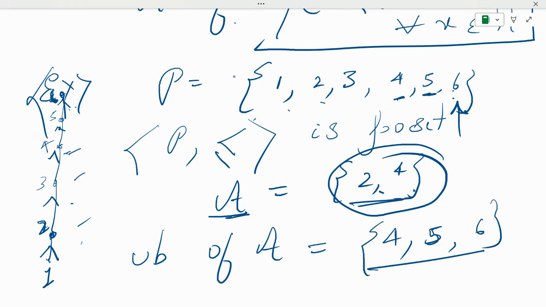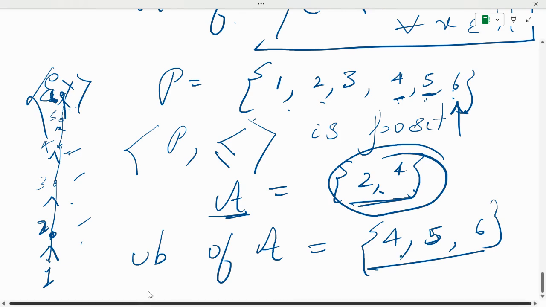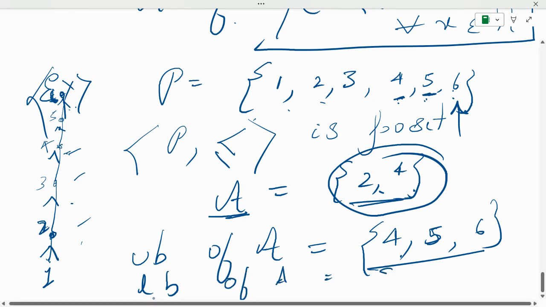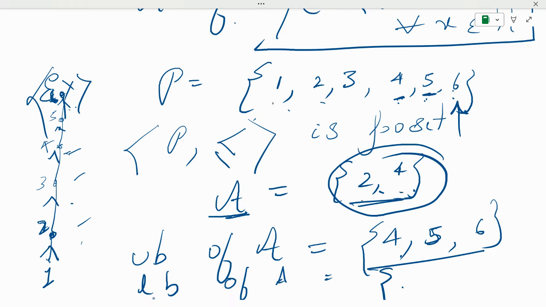If we say 6, we can't ignore 5, because 5 also covers 4, and 4 also covers 4, so we have to take 4. And if we take the lower bound of A, it should include all the elements which are covered by this. Only 1 and 2 are covered by this, so 1 and 2 will be the lower bound.